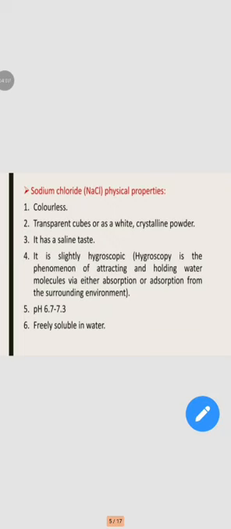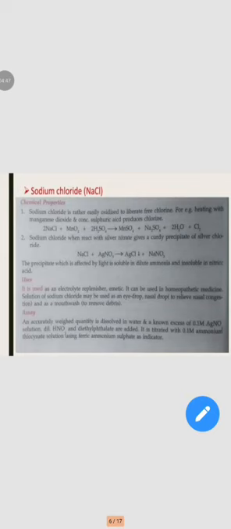So the physical properties of sodium chloride are: it is colorless, transparent cubes or a white crystalline powder, it has a saline taste, it is slightly hygroscopic, the pH value is 6.7 to 7.3, and it is freely soluble in water. These are the physical properties of sodium chloride.